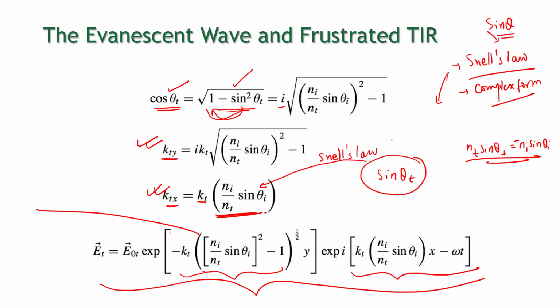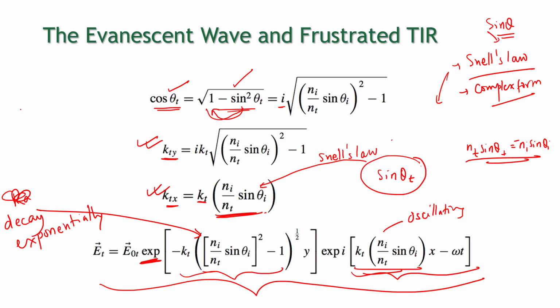This is basically telling us that the electric field would decay exponentially. See here, we have this exponential term, so that tells us that it decays exponentially. And this tells us that the electric field is oscillating.